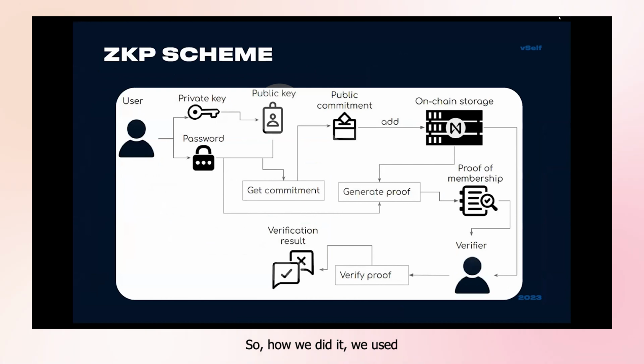So how we did it, we used an already existing implementation of bulletproofs written in Rust to do the following. On the client side, the user logs in with his blockchain account.